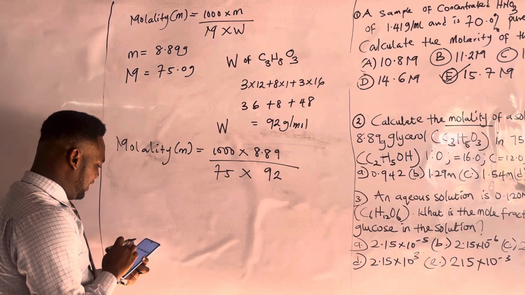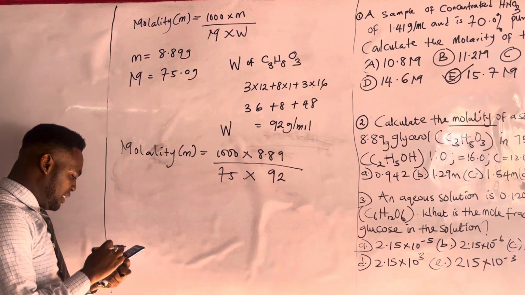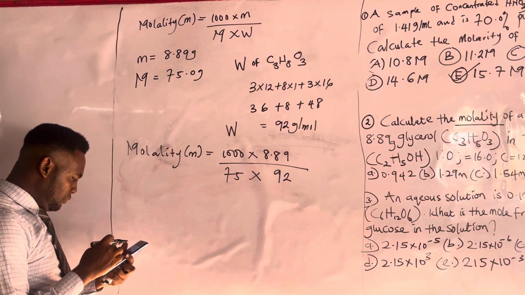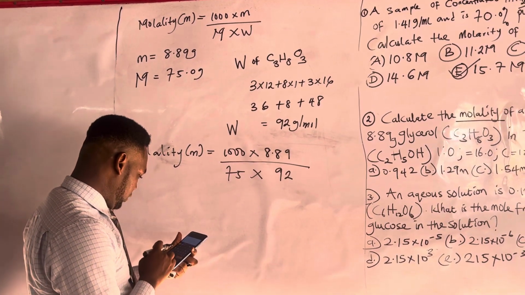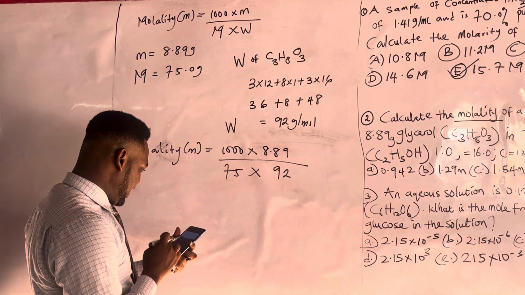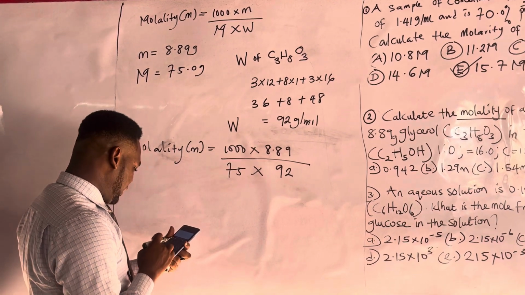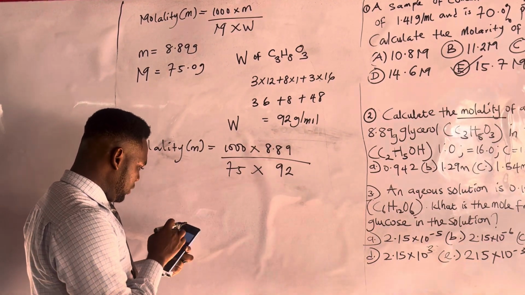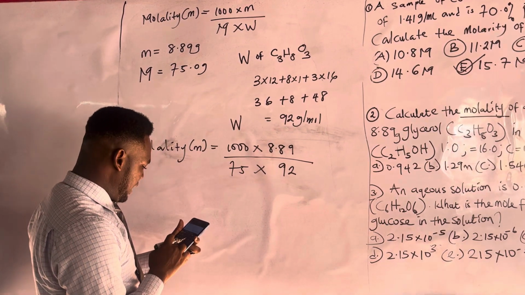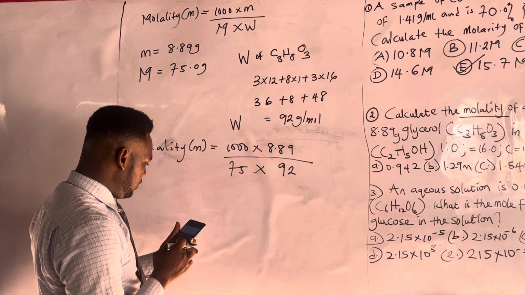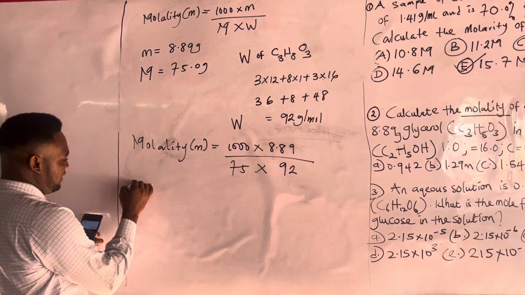So if we punch this in our calculator, we'll have 1000 times 8.89, then divide by 75 times 92. All right, so this is our final answer.